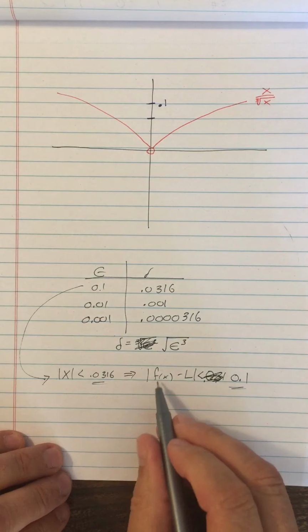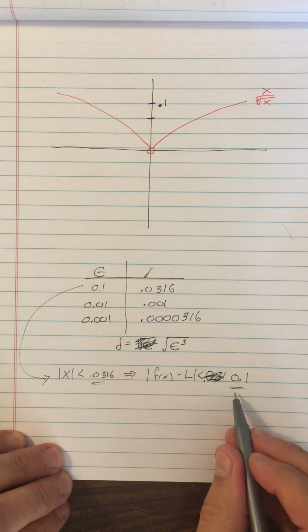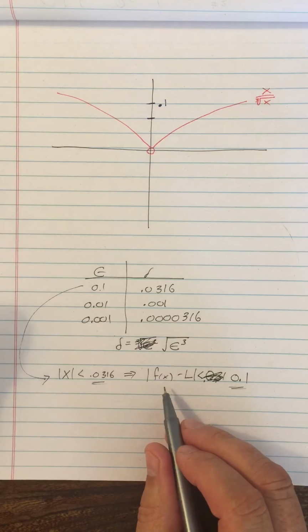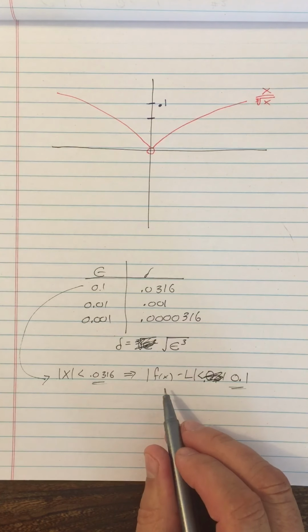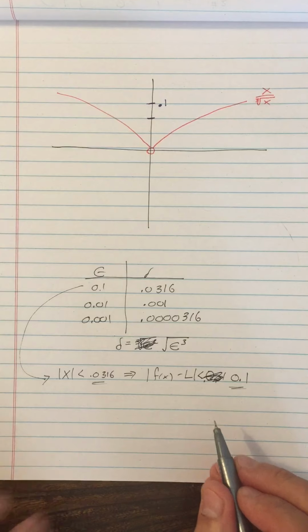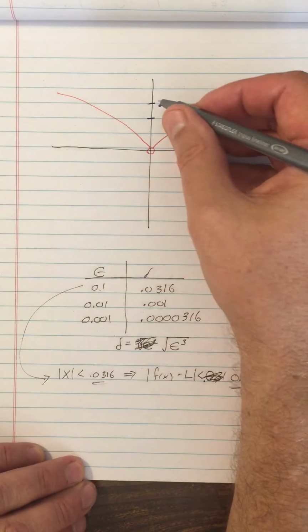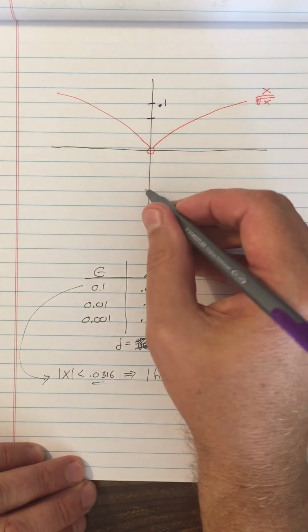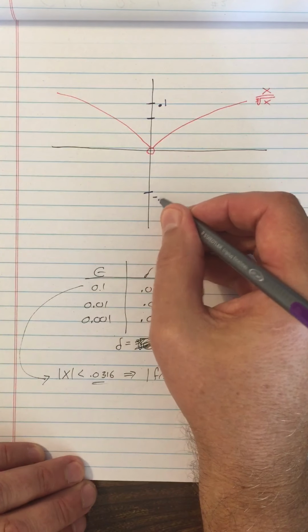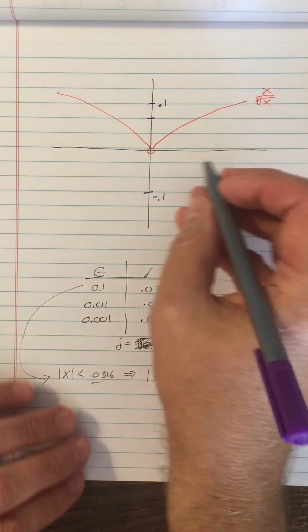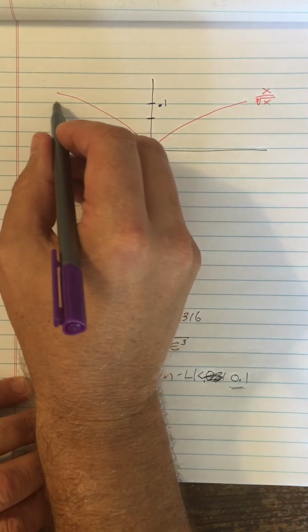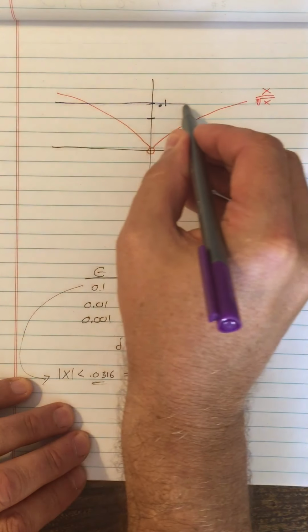But we're saying the absolute value of f of x minus L is less than 0.1. That means although for this function, f of x does not happen to be less than L, for some other function it could be. So this absolute value of f of x minus L being less than 0.1 means if I go 0.1 above the limit and 0.1 below the limit, so negative 0.1, what I'm really looking at is what's called an epsilon band.